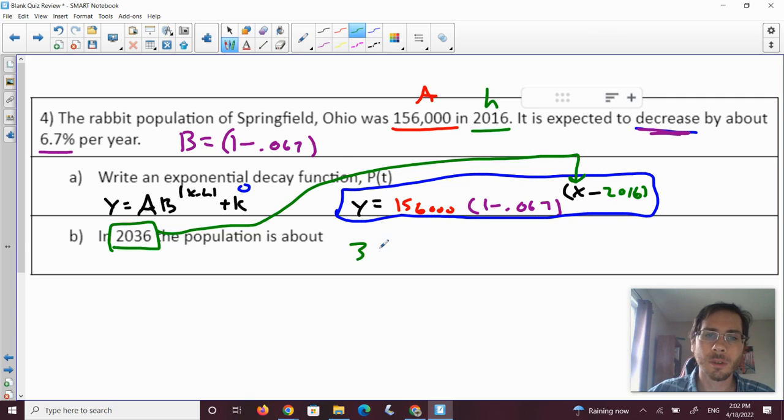Since we're dealing with a large population, it's totally fine to round, even to maybe 40,000. This does make sense because unfortunately our rabbits are decreasing, so we should expect to have fewer rabbits than we started with. We started with 156,000 and we ended with about 40,000. So our rabbits are going down in this case.